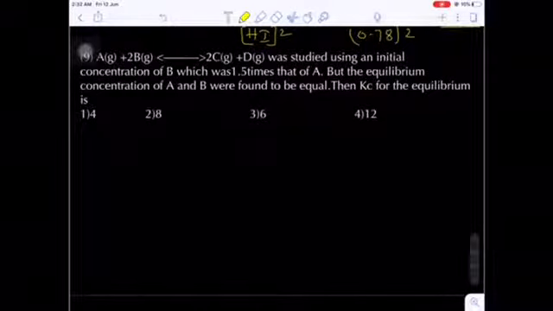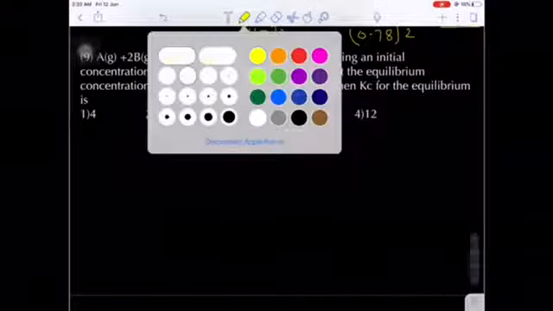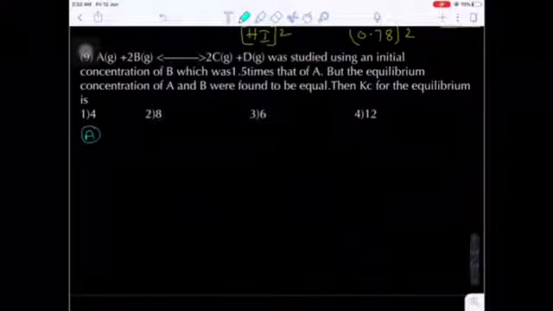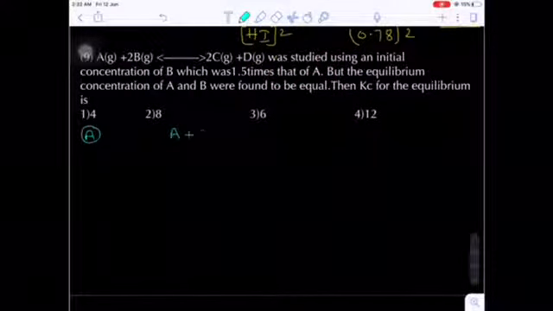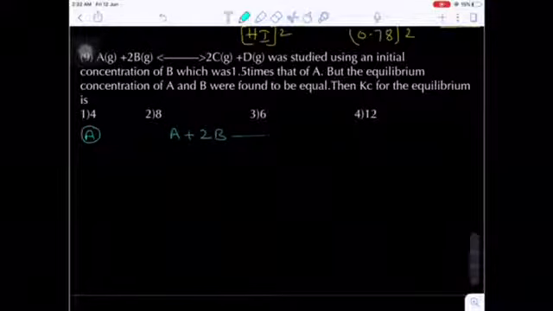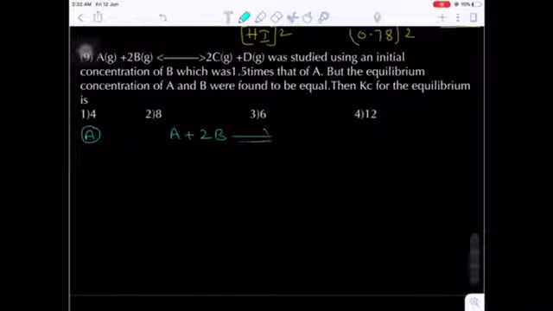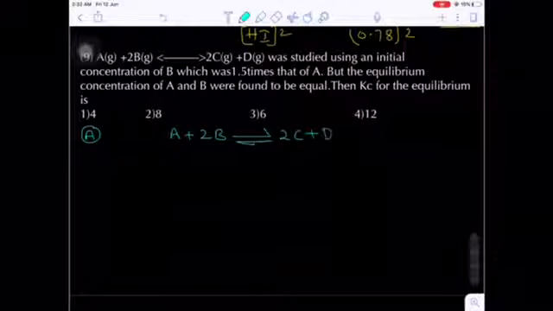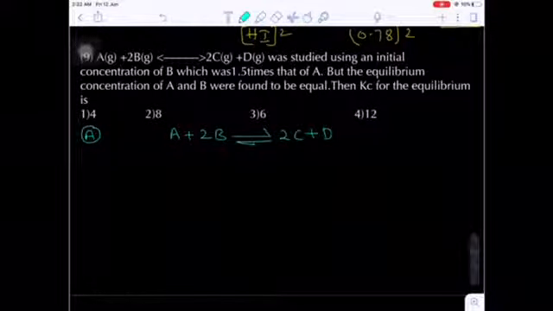Now question number 9. In this question, there is an equilibrium given to you: A plus 2B equilibrium 2C plus D. All are gases.